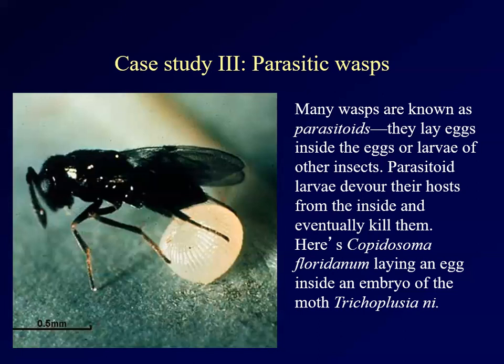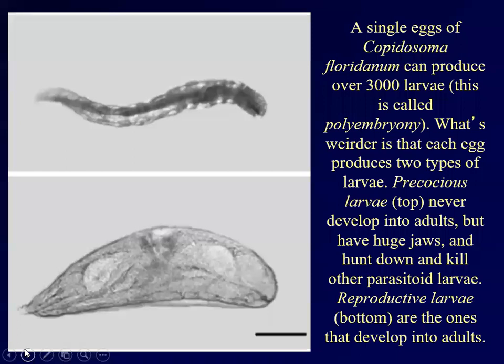But Trichoplusia will actually go down and sever the latex vessels and then eat the leaf without having to deal with the latex, which is rather clever for a very small caterpillar. Anyway, Copidosoma floridanum is laying its egg inside this embryonic moth.